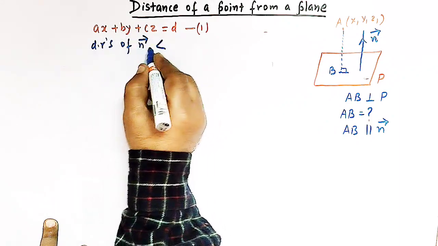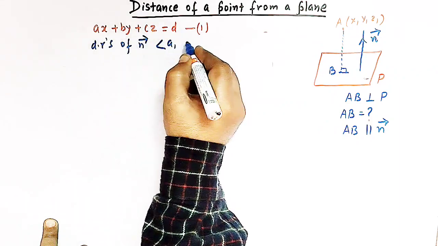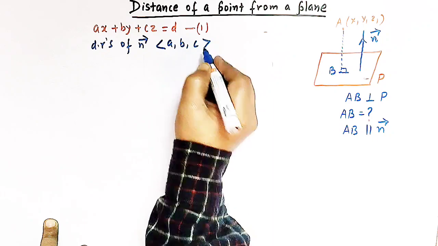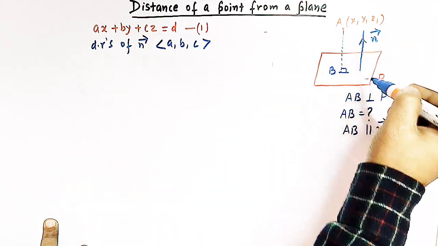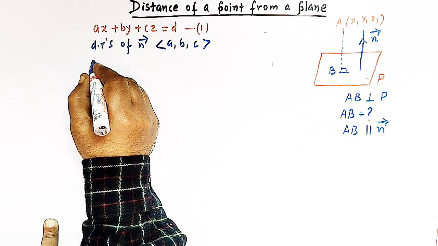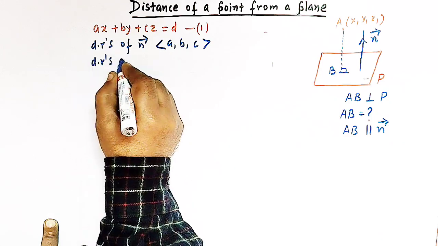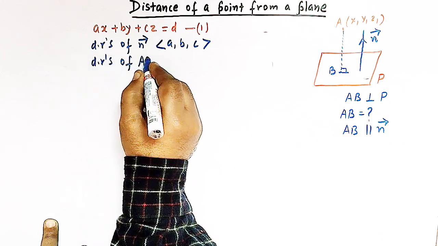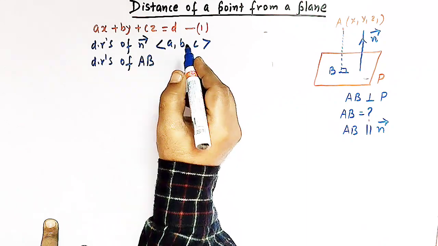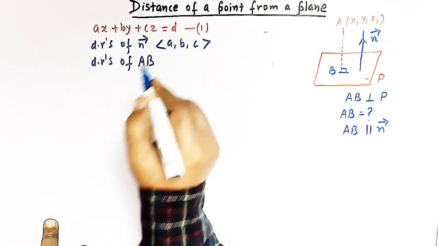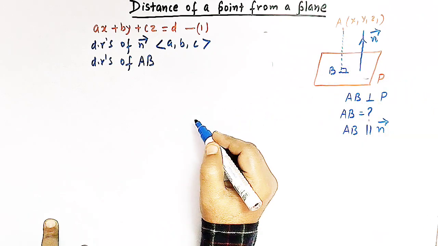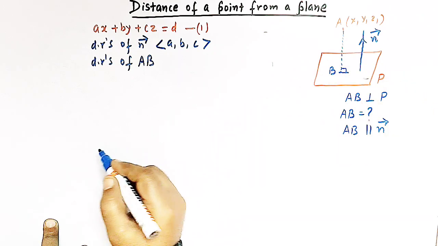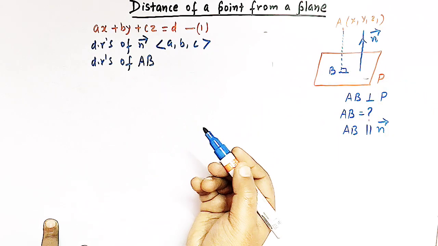So the direction ratios of the normal vector are given by a, b and c, right? And when AB is parallel to the normal vector, then the direction ratios of this perpendicular AB are proportional to the direction ratios of the normal vector, because whenever two vectors are parallel, their direction ratios must be proportional.